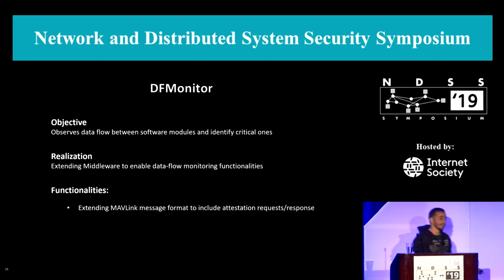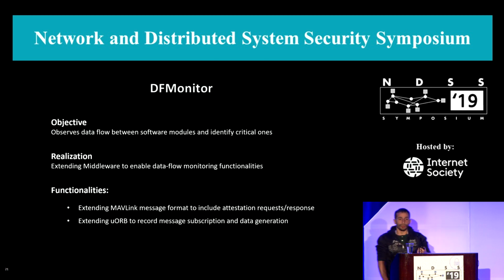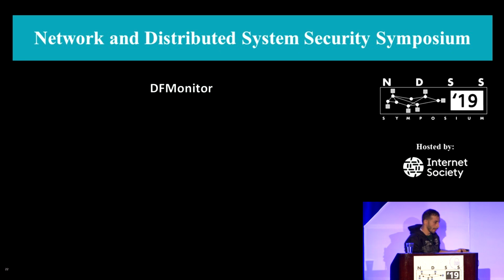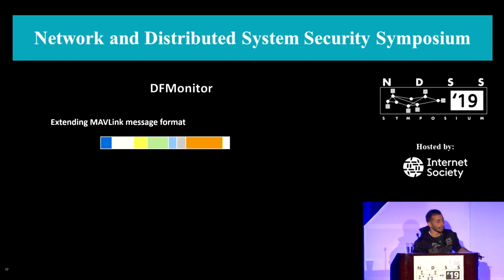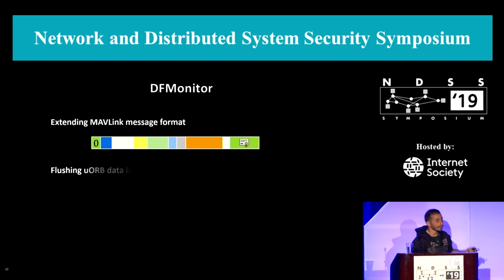So we had to add three functionalities to the middleware. We had to extend MAVLink to allow attestation, we had to extend the uORB to record the messages exchanged between modules, and we had to flush existing data from the communication channel. Simply, MAVLink is extended with one bit that identifies whether the data exchange should be attested, and with a field for the attestation result.